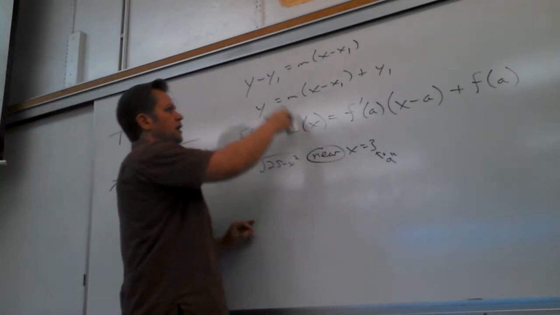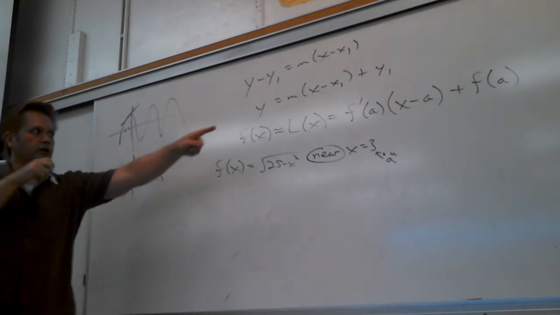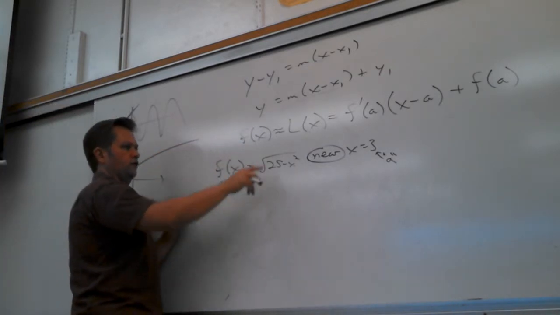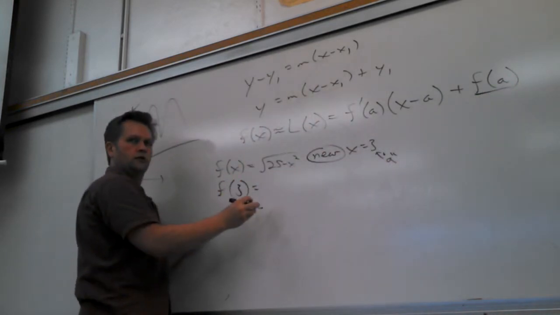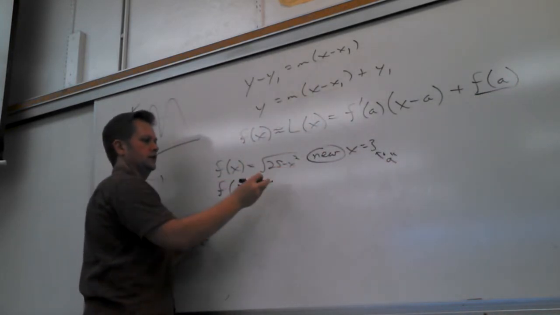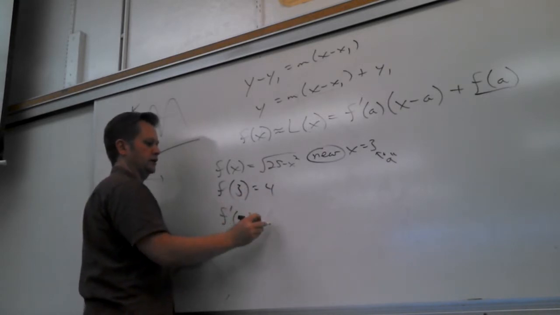What does that mean? It depends on what the function looks like. So what do I need? I need f of 3. What's f of 3? 4. Beautiful. 25 minus 9, 16, square root is 4. I also need f prime. What's f prime of x going to be?